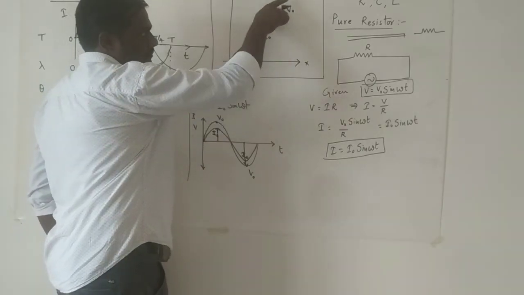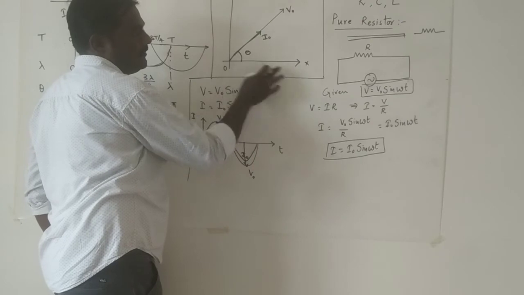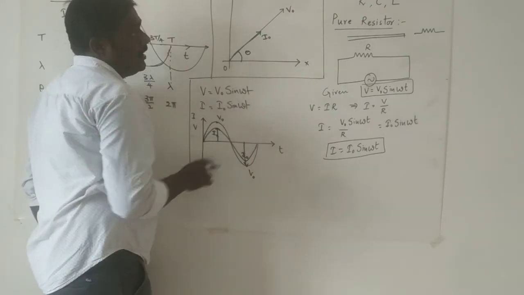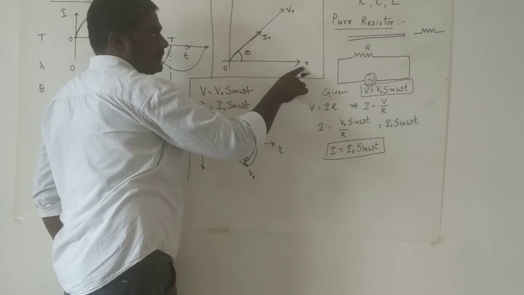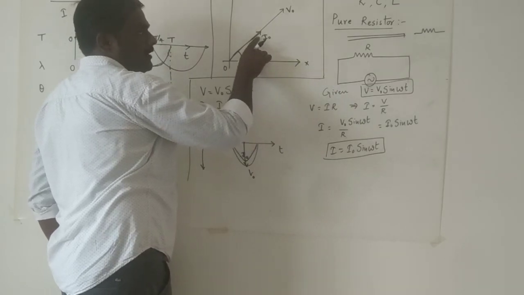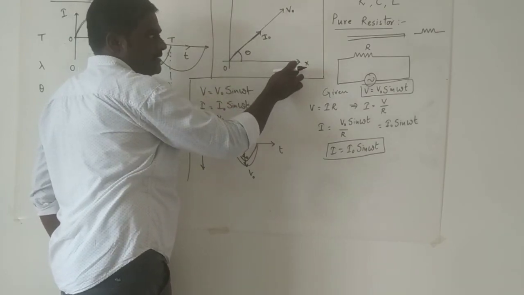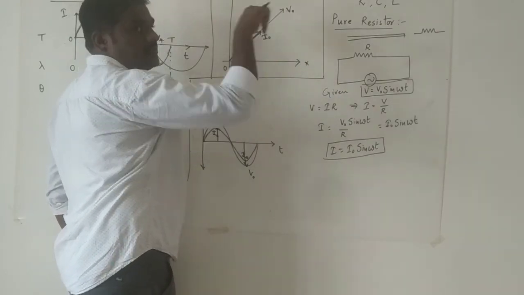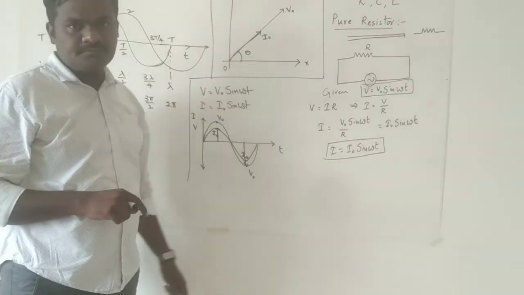Both are acting in the same line. Both make the same angle theta with respect to the x-axis. The angle between voltage and the x-axis is the same as the angle between current and the x-axis. Since the angle between these two with respect to the x-axis is the same, the angle between them is 0. Again you can mention here that both are in phase.